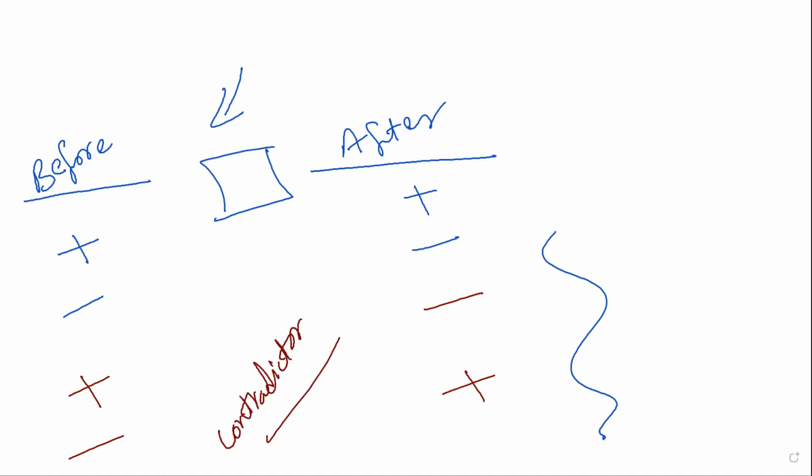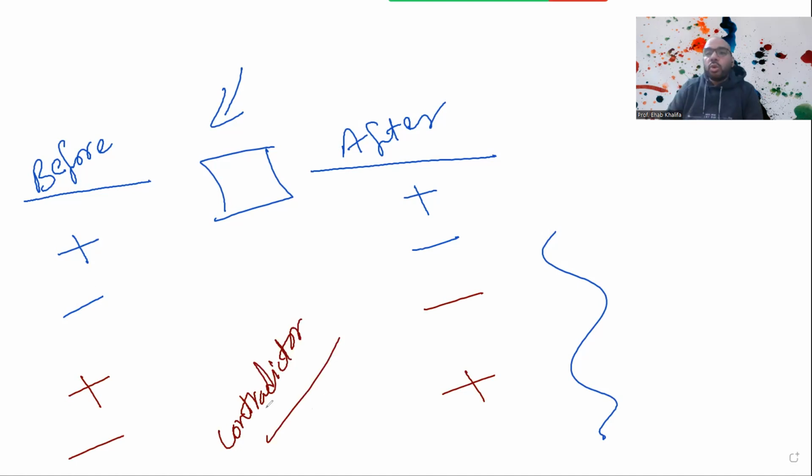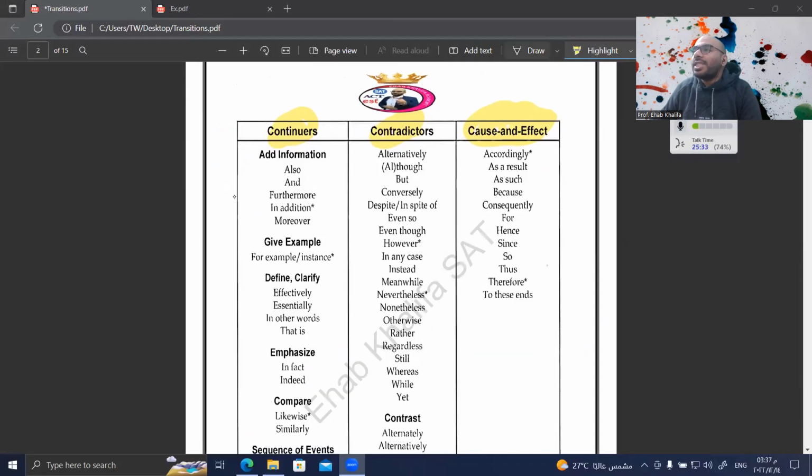So when do we choose contradictor? If what comes before is positive, what comes after is negative, or if what comes before is negative, what comes after is positive. So this is the case in which we choose one of these contradictors.